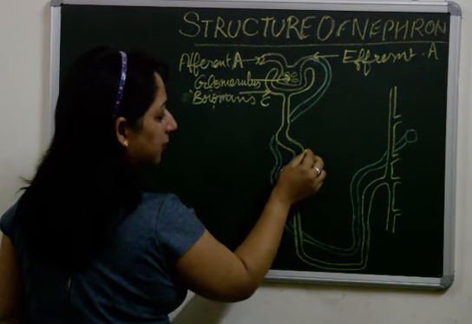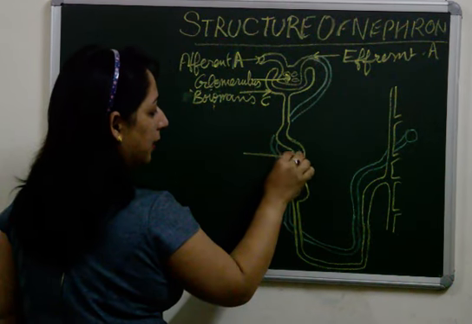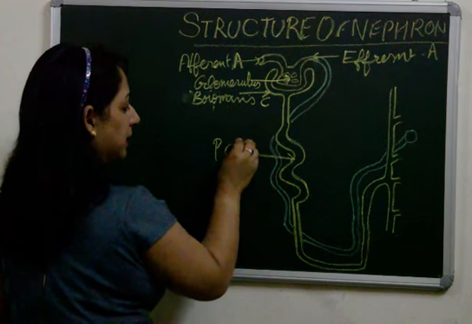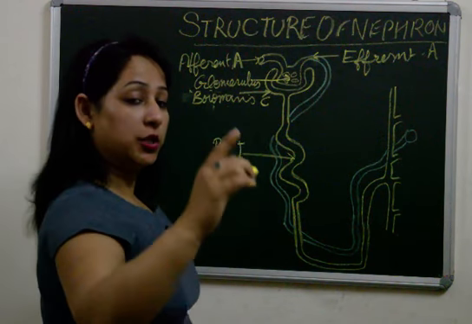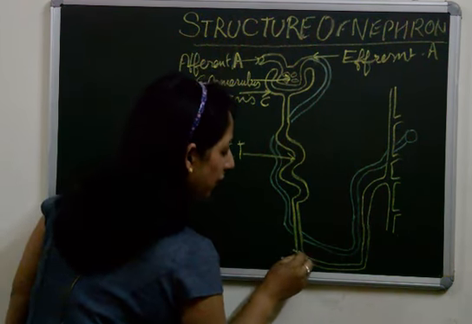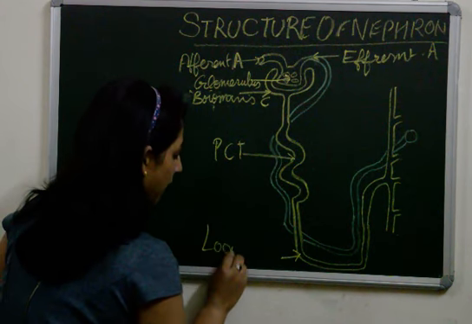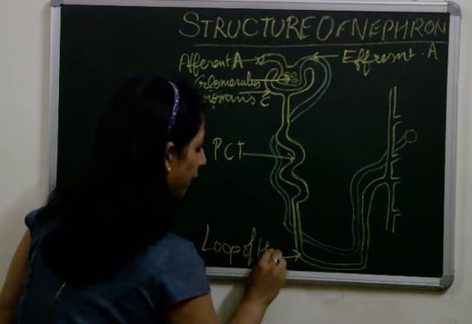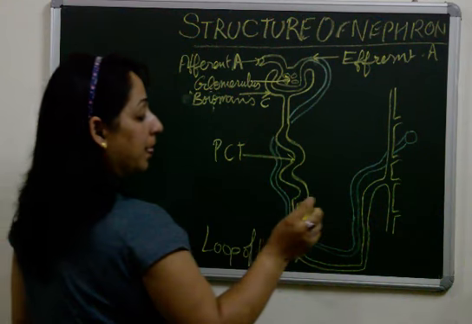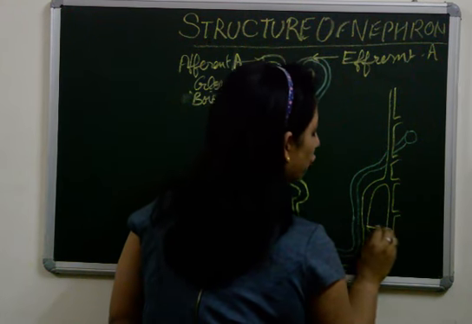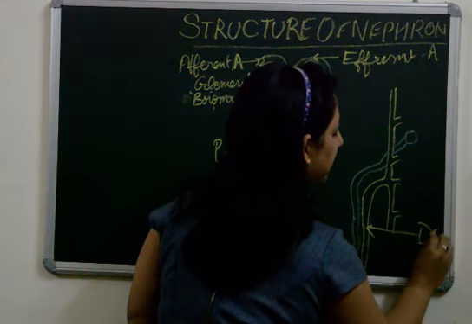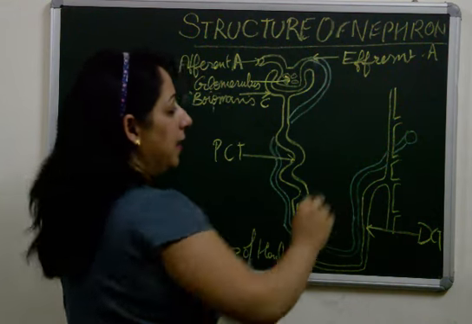This thick tube is PCT, proximal convoluted tubule. This U-shaped tube is known as loop of Henle, and this tube is called DCT.